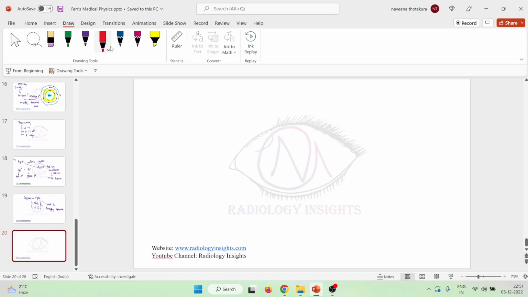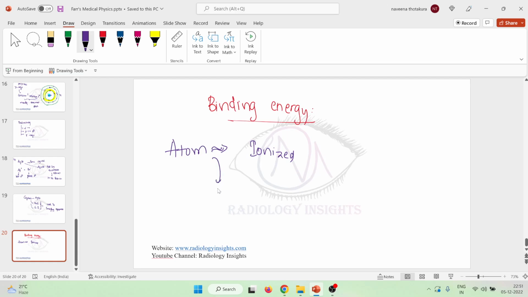The next important thing is binding energy. What is binding energy? If you see any atom, it is described as ionized when it either loses an electron or gains an electron.